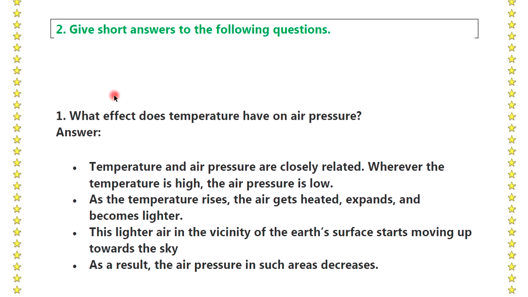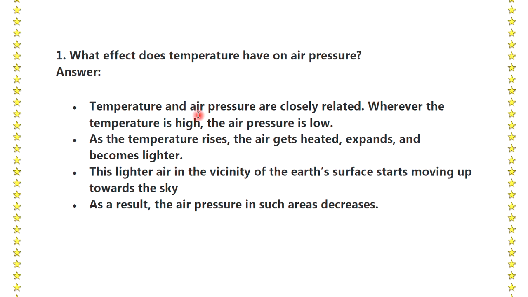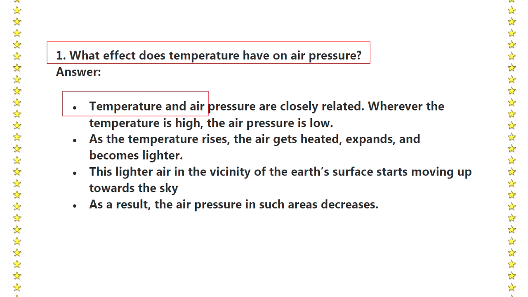Question 2: Give short answers to the following questions. See the first question. What effect does temperature have on air pressure? Answer: first, the temperature and air pressure are closely related. Whenever the temperature is high, the air pressure is low.